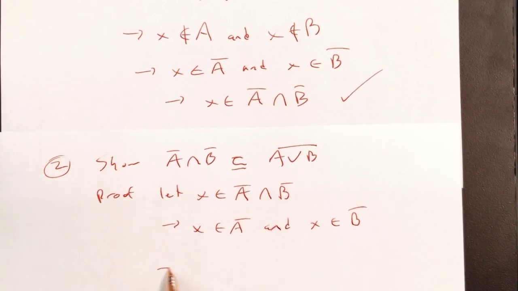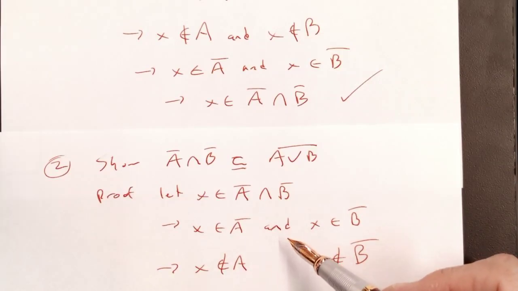And that means X is not in A. Wait a minute, X is not in A. This means X is not in B, but I've taken the negation of a logical sentence. When I negate a logical, what happens to the conjunction in the middle?